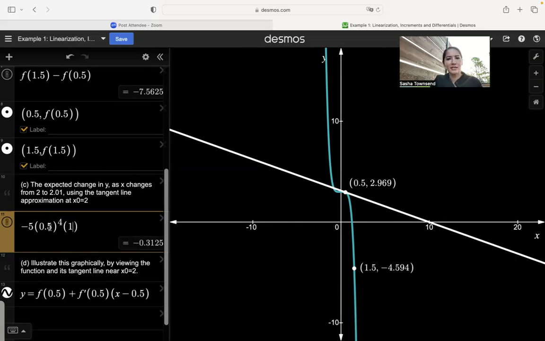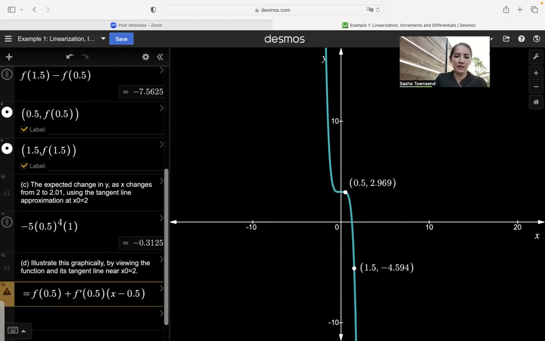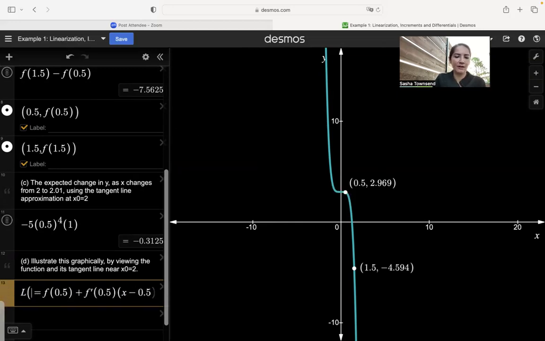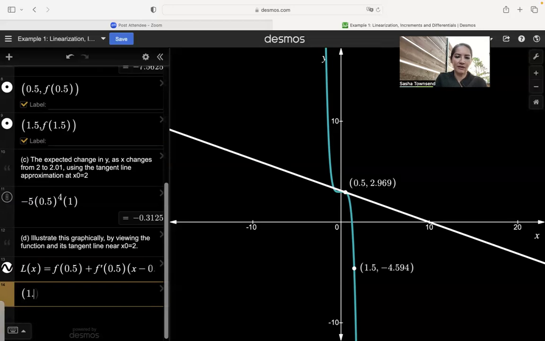So we would only expect our y value to change by negative 0.31 units if we're using our tangent line as an approximation. We can see that if we evaluate the linearization at x equals 1.5. I'll call this L of x now, rather than y, and evaluate L at 1.5 as well.